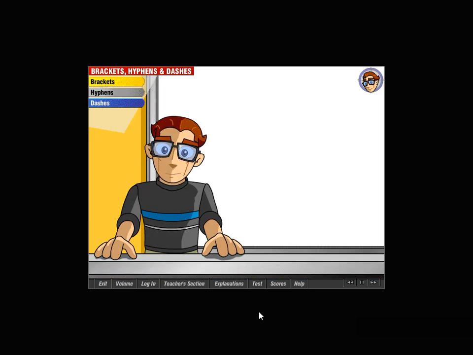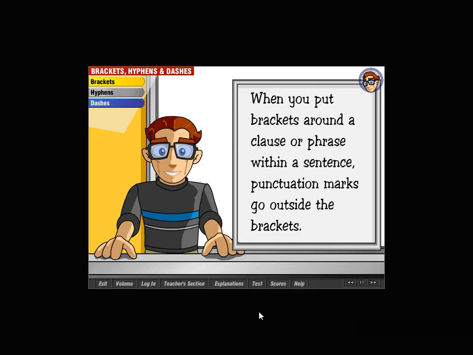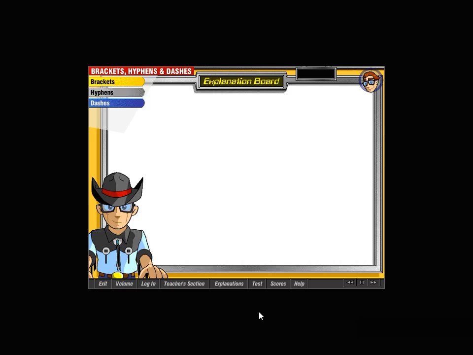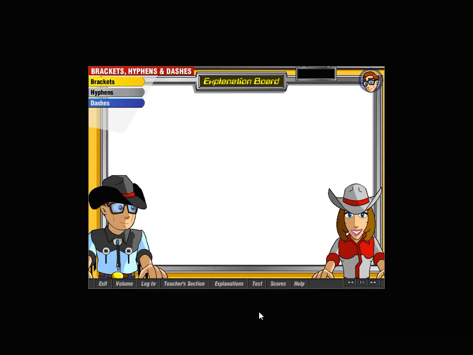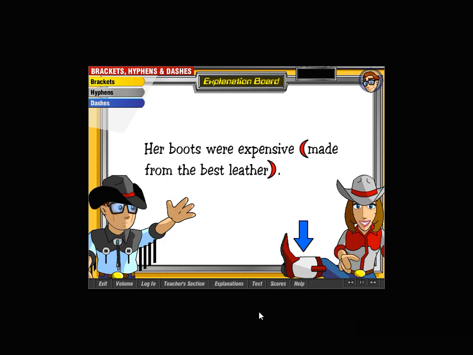And speaking of punctuation, the thing to remember is that when you put brackets around a clause or phrase within a sentence, then any punctuation marks go outside the brackets. If the brackets come at the end of the sentence, for example, then the period should be outside the brackets.